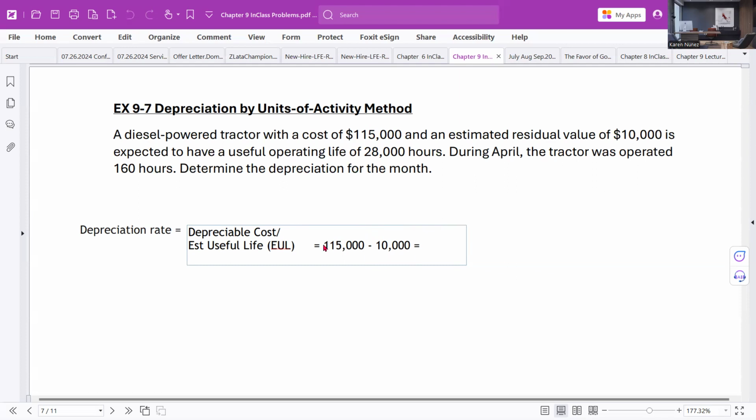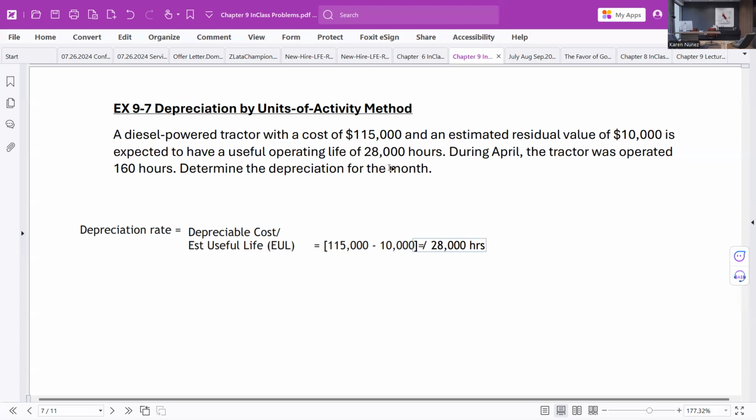And I'm going to put some brackets around this, and then all we want to do is divide by the estimated useful life, which is 28,000 hours.